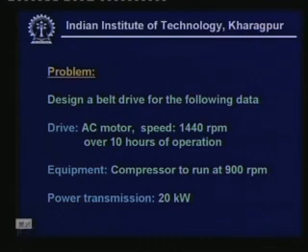The drive is an AC motor whose speed is 1440 rpm, operating over 10 hours. The equipment you are driving is a compressor which is running at 900 rpm, and the power transmission is 20 kilowatt. So this is the raw data you are having.